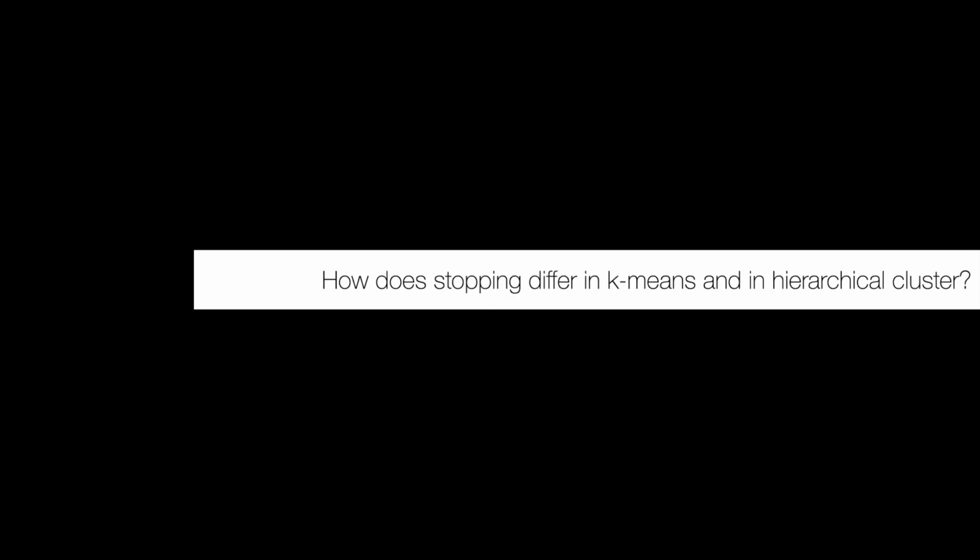Now you may ask, what is the difference between this elbow method that we just introduced and the stopping conditions, the termination conditions we introduced in the lecture last time for hierarchical clustering? And really it's about conceptualizing what the k value means in these two spaces.